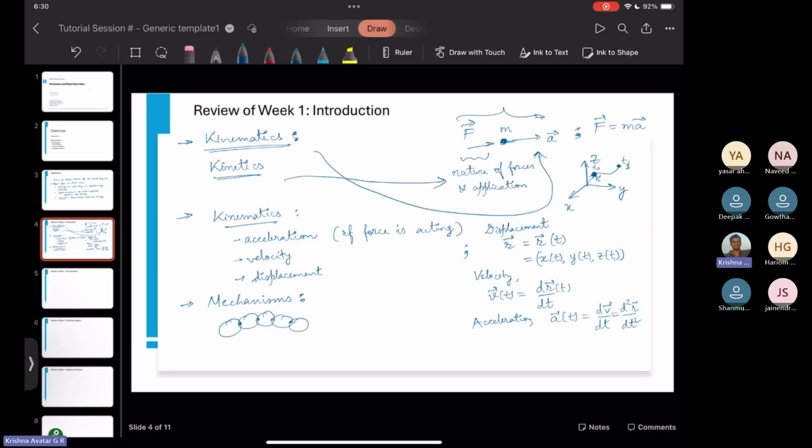Say these are rigid body one, body two, body three, body four, body five. Their connections create something called a mechanism. So that is the base meaning of a mechanism. It's a connected set of rigid bodies which may have some purpose. Depending on what our purpose is, we'll have different sorts of mechanisms.